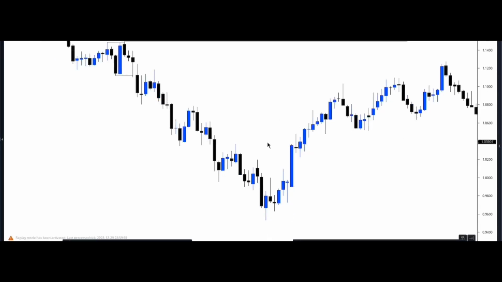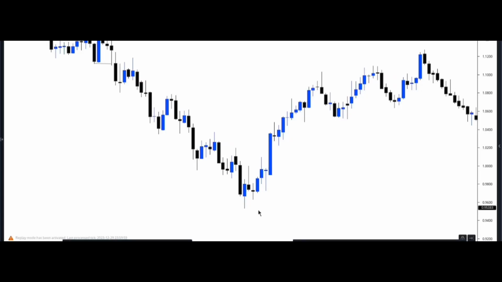Now the next low is right here. For this low to be confirmed, it needs inducement. So where is the inducement here? Well, the inducement is right here. After taking out that inducement, this low is now confirmed.